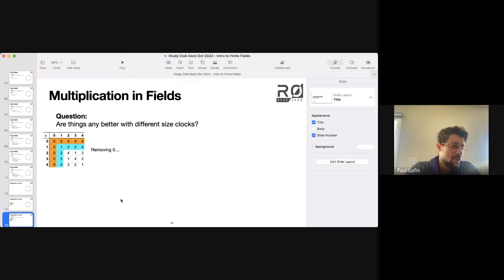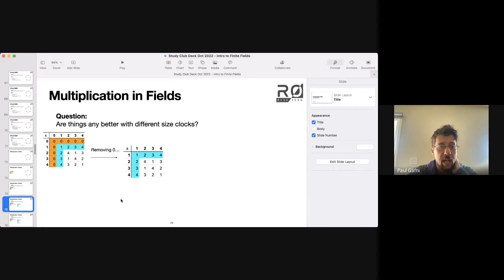And this multiplication table, I want to play with a little bit more. I want to take away the 0 for some reason that I won't say too much about. Now when I look at this version of it, it pops out to me as looking like a Sudoku board. Every row and every column has exactly one copy of each element. There's no repeated numbers in any row or any column.